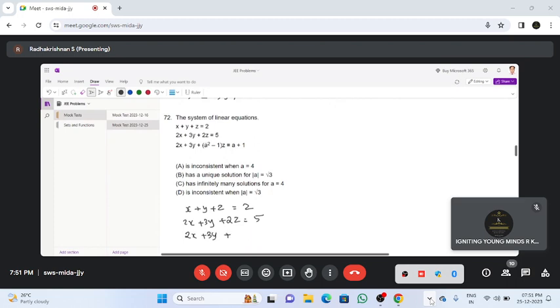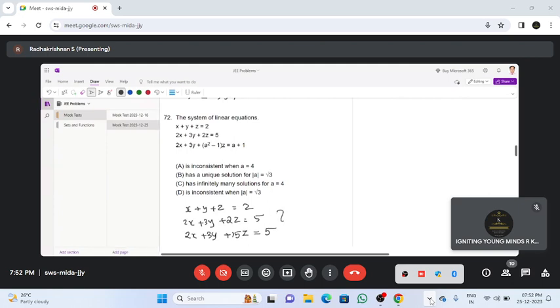a equal to 4, so 16 minus 1 is 15, and the right side is a plus 1. So this is what you get. Does it have any solution? Is it inconsistent, or infinite solutions, or a unique solution? Unique solution, yes.